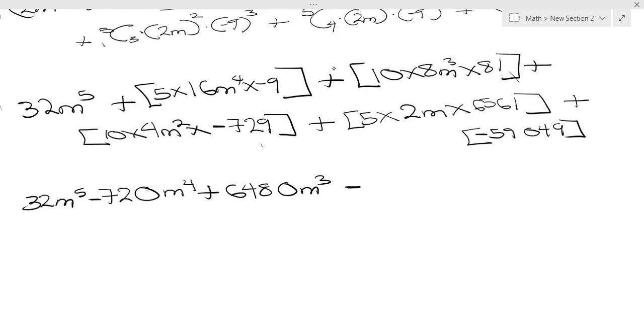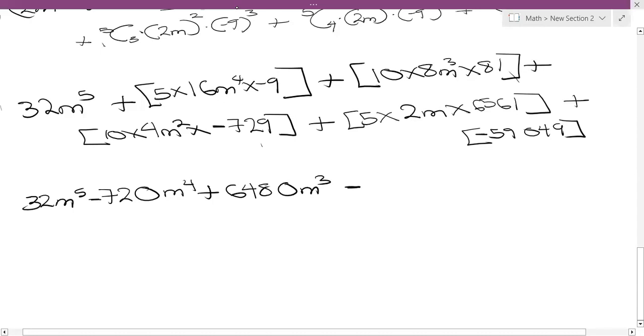So we have 10 times 4 times 729, which gives us 29160 m squared.